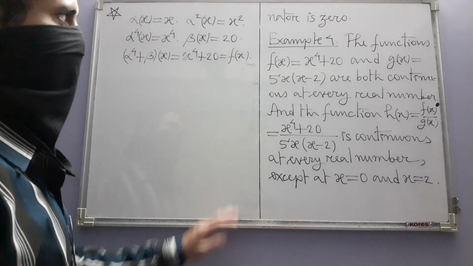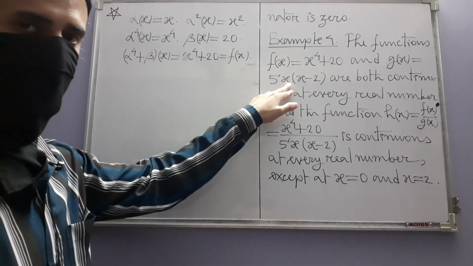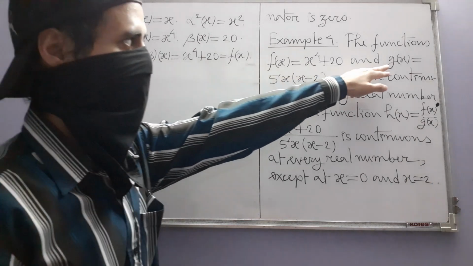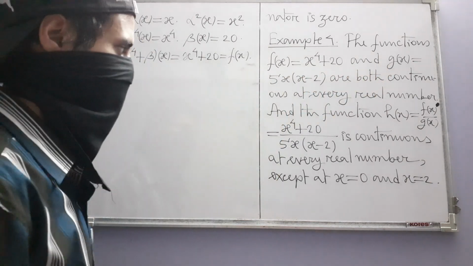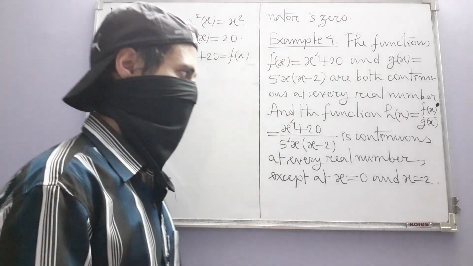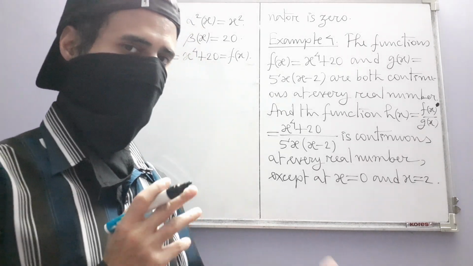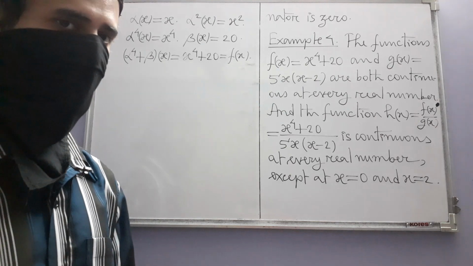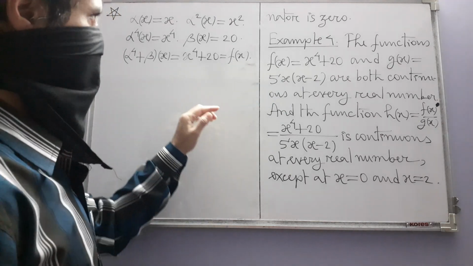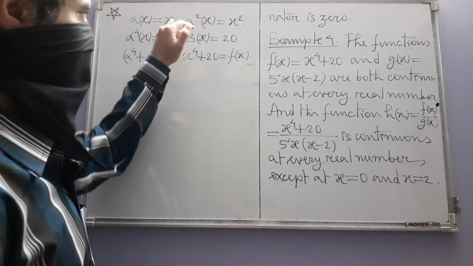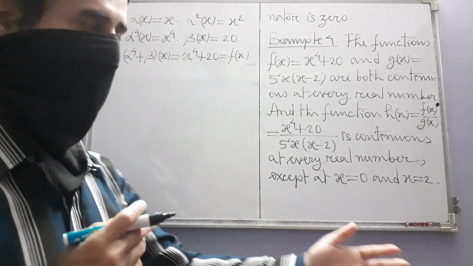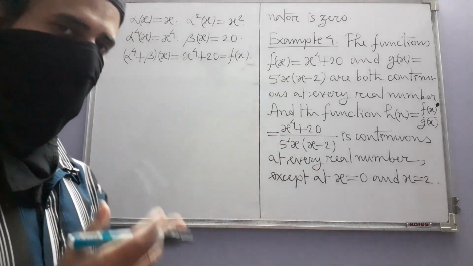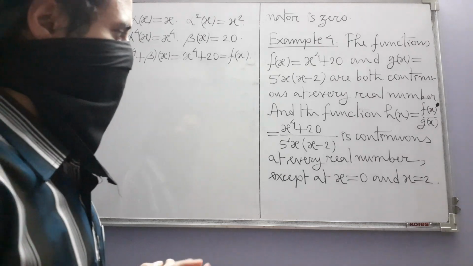In a similar manner, using the other parts of the rules of continuity, you can conclude that g(x) is also continuous. And you can understand that just like this, any polynomial function is going to be continuous at every real number. And this is a consequence of the fact that the identity function is continuous at every real number, and any constant function is also continuous at every real number.